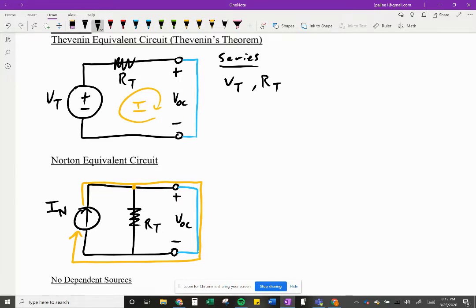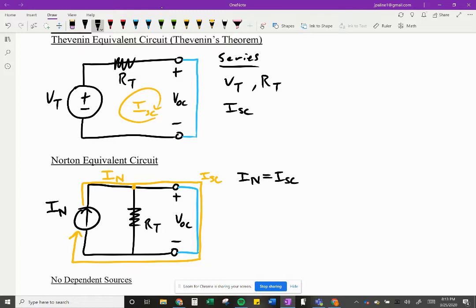So this current that was induced, this is I short circuit. So I will write I short circuit there. We call this current right here I Norton, but we notice that the current running through that blue wire is I short circuit. Same current. So we know that I Norton is equal to I short circuit.